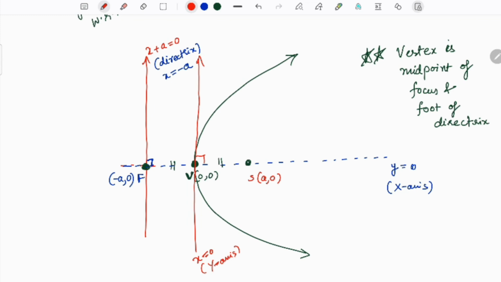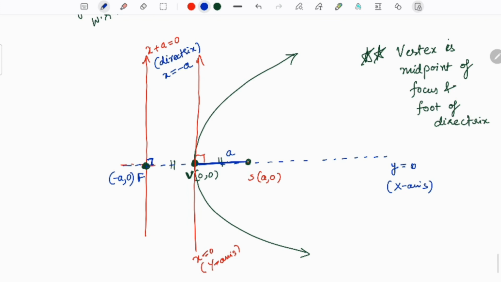All right. One more thing. What is this distance? Vertex to focus distance. That is a. Distance between 0, 0 and a, 0 is a. Vertex to foot of the directrix distance is also a, because vertex is midpoint of foot of directrix and focus.